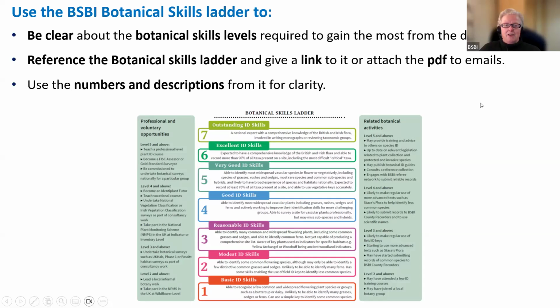It gives people a very clear idea of what is going to happen, so that they don't feel either bamboozled by the skill level that they weren't anticipating, or sold short because they thought it was going to be a bit more high level. And using the numbers and descriptions from it allows for that continuation of clarity to the people who are booking on your event.